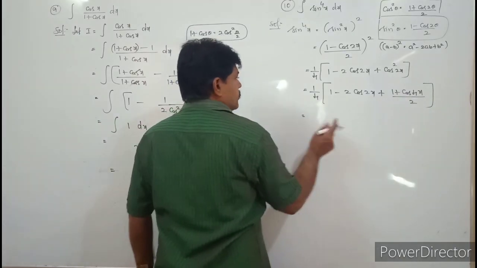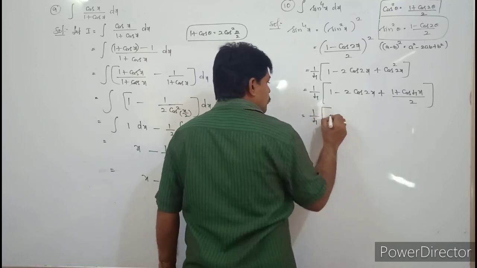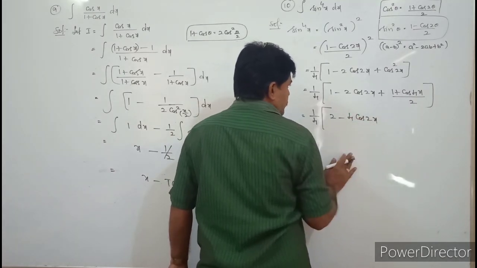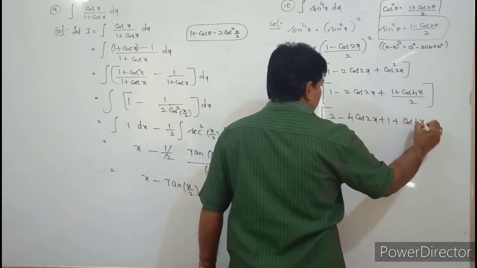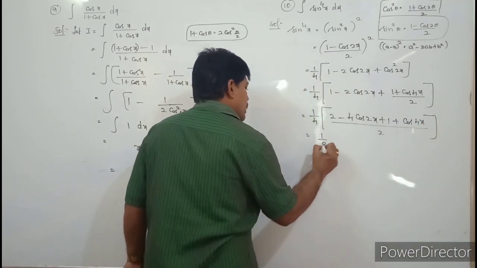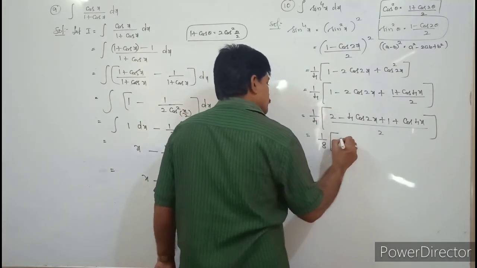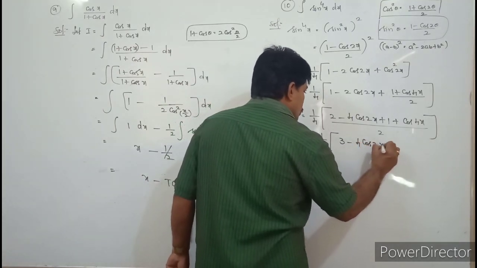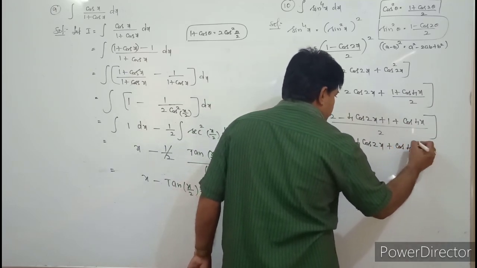So that is equal to, take 2 as the LCM, 1 by 4 into 2 minus 2 into 2, that is 4 cos 2x, plus 1 plus cos 4x, whole by 2. So this can be written as 1 by 8 into 2 plus 1, that is 3, minus 4 cos 2x plus cos 4x.